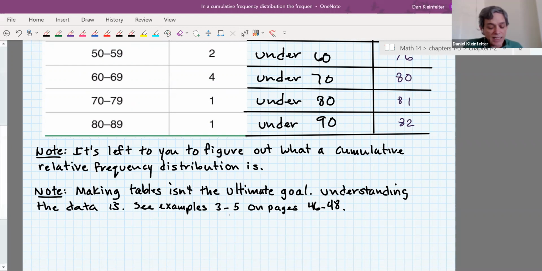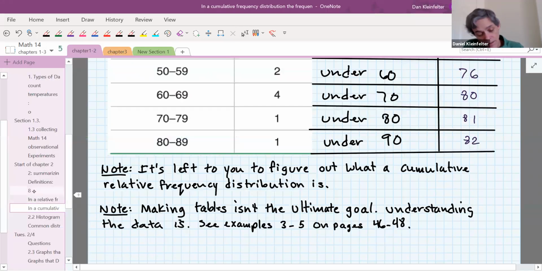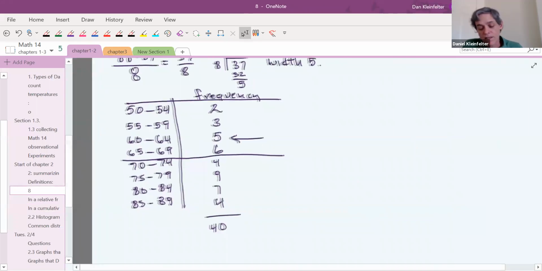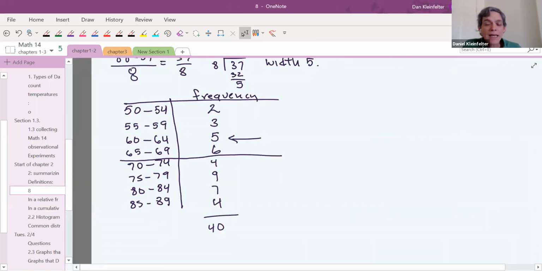You should take a look at examples 3 through 5 on pages 46 through 48. And then also go back to our test takers frequency distribution that we made and make a relative frequency distribution, a cumulative distribution, and a cumulative relative distribution.